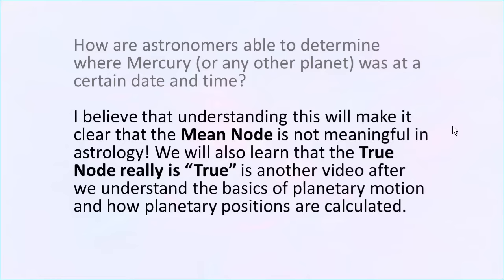It really is true. And we're going to learn about that as well. So that's one of the practical benefits of learning this. Also, just curiosity, like, how the heck do we know this stuff?